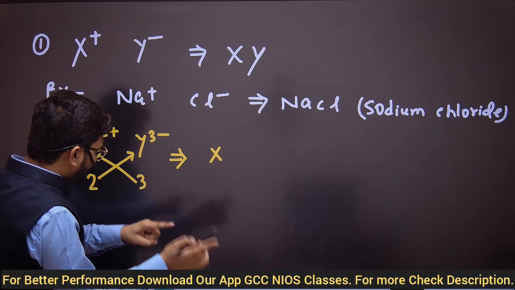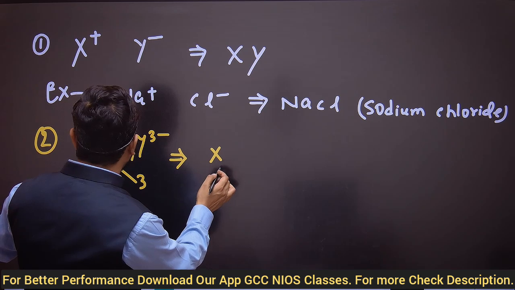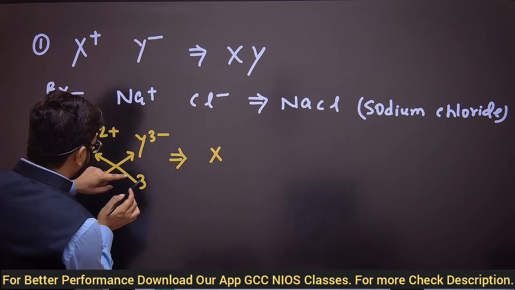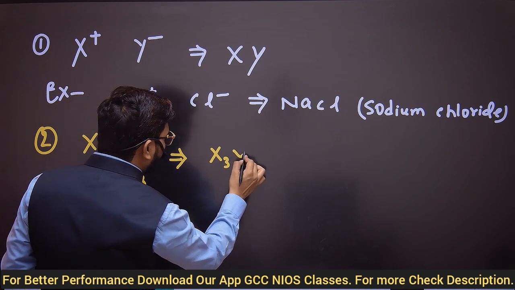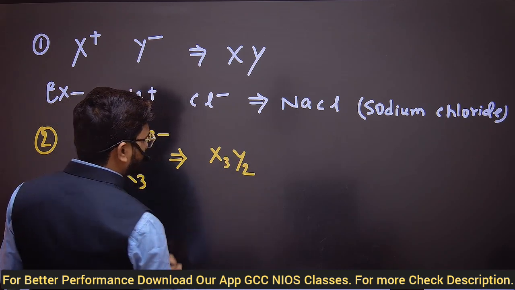So it will be written below, at the foot of the positive ion. So 3 will be written here, X3, and with Y it's written 2, right?